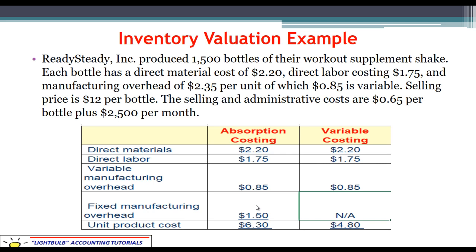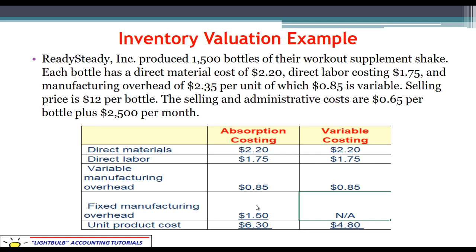So we can calculate the fixed by taking $235 minus 85. That gives us $1.50. Selling price is $12 per bottle, but that's a price, that's not a cost. The selling administrative costs are 65 cents per bottle plus a fixed $2,500 per month.